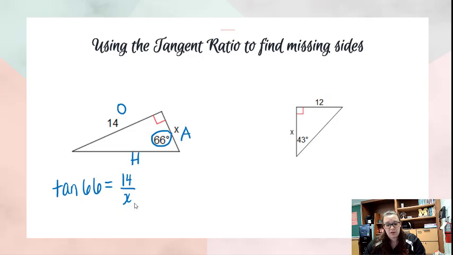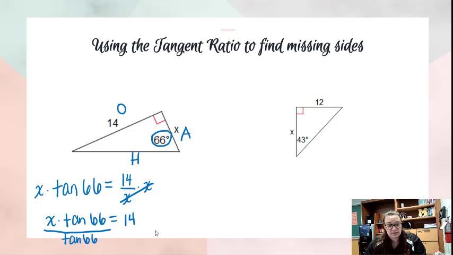So let's do something to get it out of the denominator, and let's multiply both sides by x. So it's no longer in a denominator, and we've got x times tangent 66 equals 14. I want x by itself, so let's divide both sides by tangent 66. We know that's a number anyway, so we can divide by it.